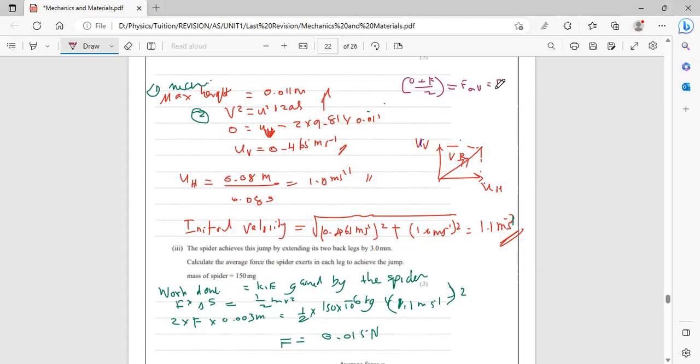That's F over 2. So when you say average force, it's included.